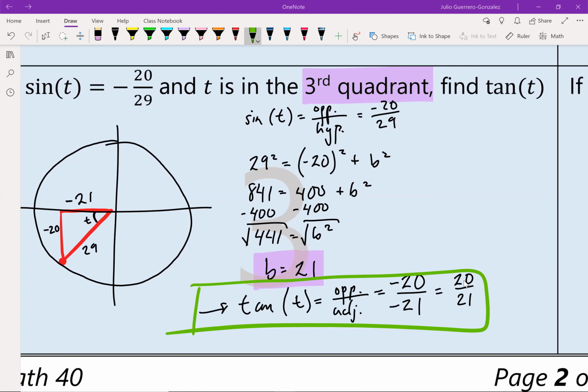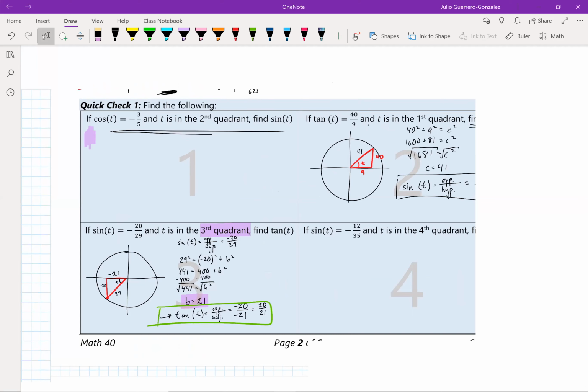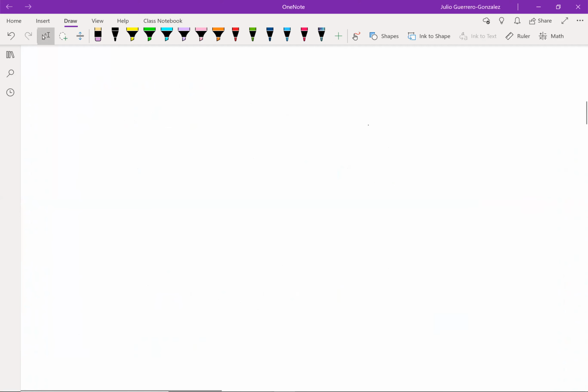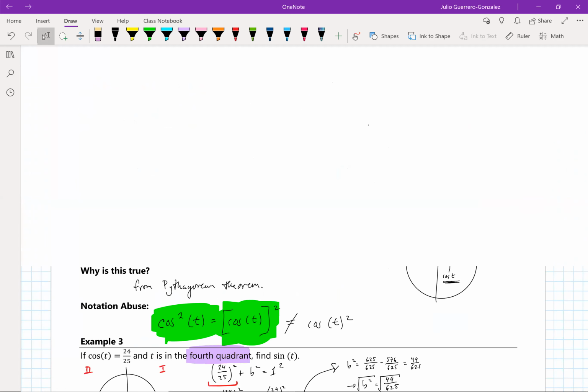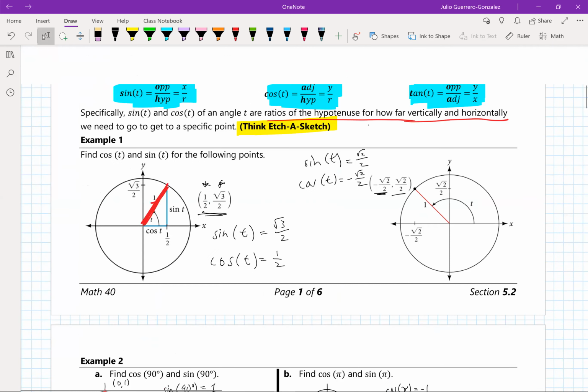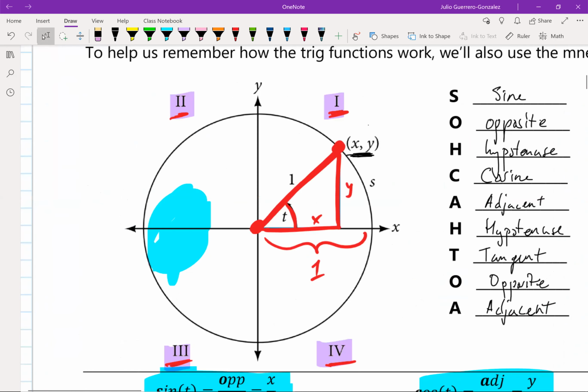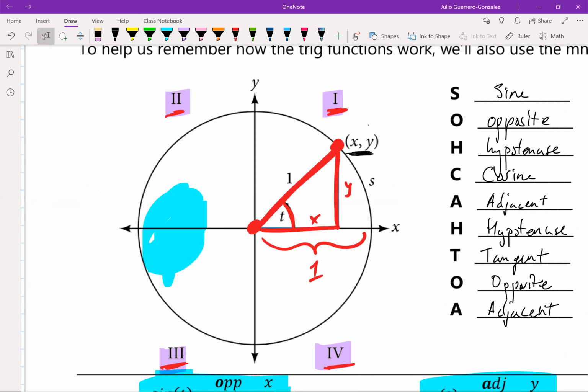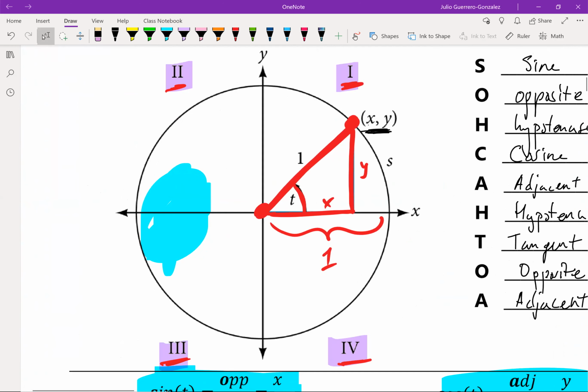So let's go back up to the quadrants. You always have to pay attention to what quadrant you're in. So over here, in quadrant 1, both the x and the y are going to be positive, right?